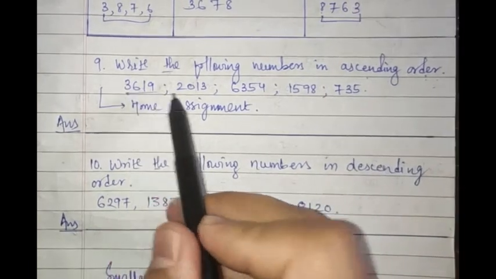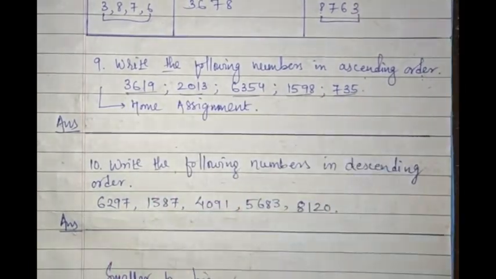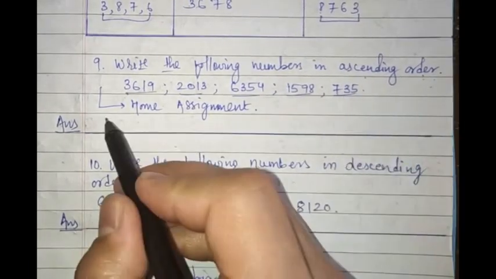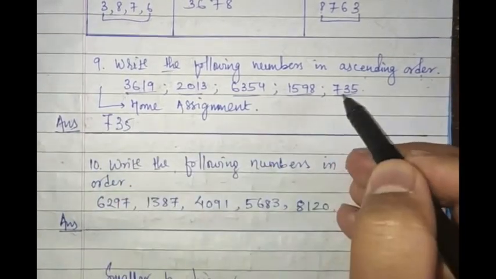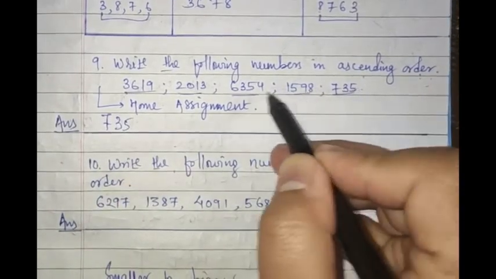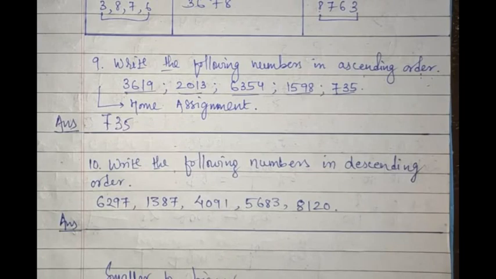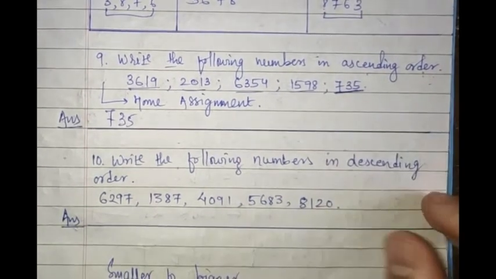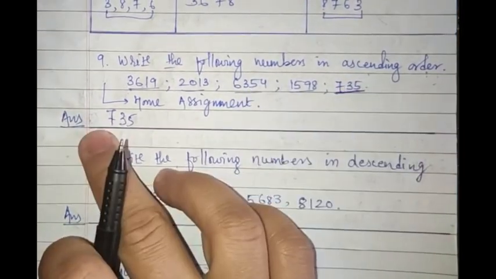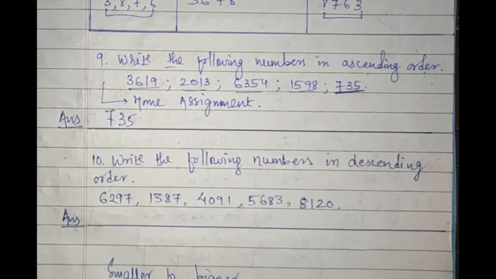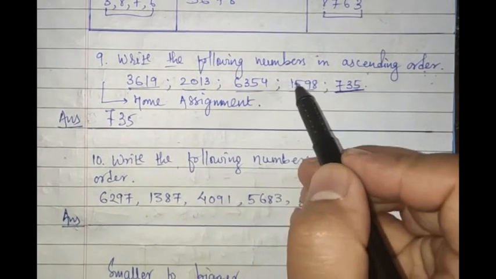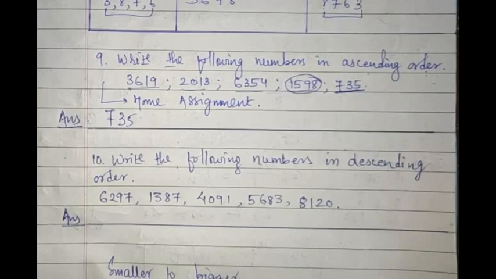So from these numbers, which one do you think is the smallest here? 735 is the smallest. Why? Because it is only of 3 digits and others are of 4 digits. Okay, so 735 will be the first smallest number. Second smallest number will be 1598. Why?